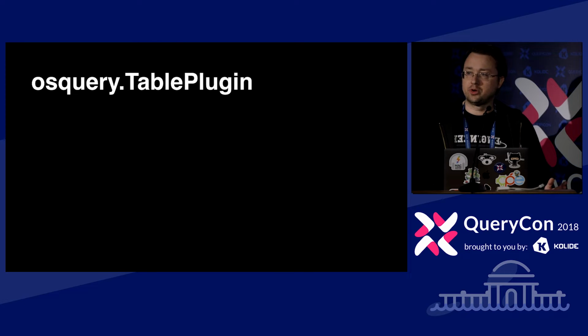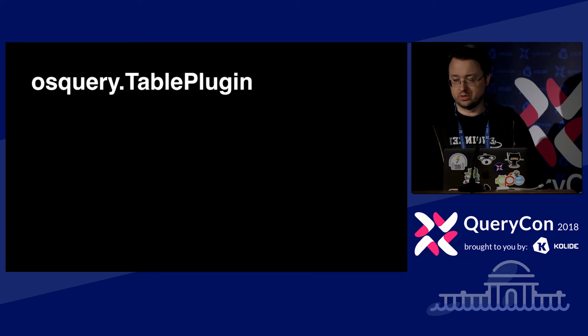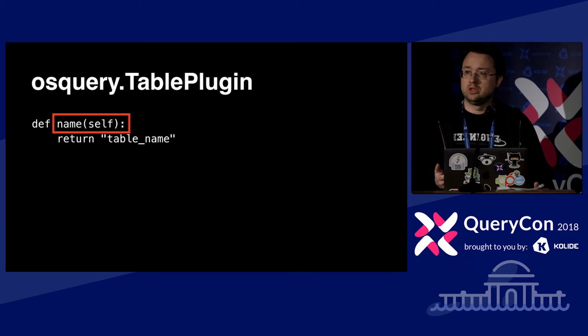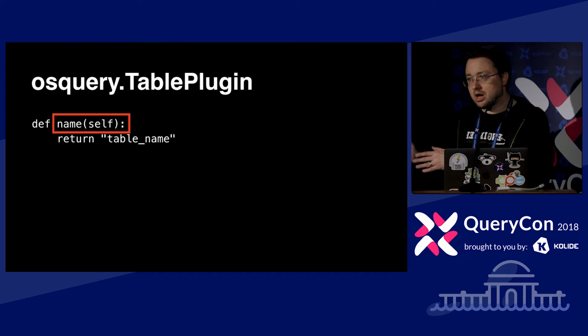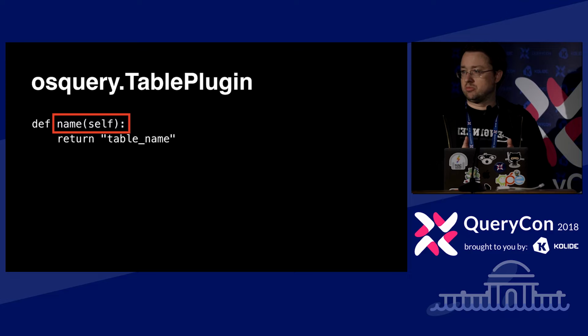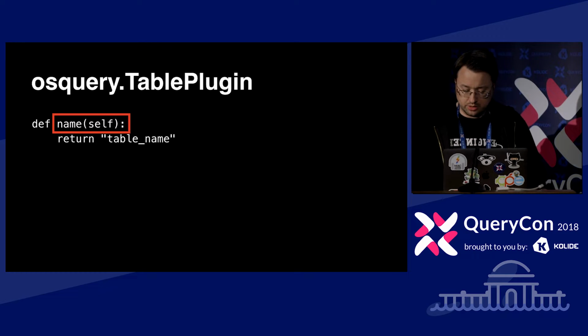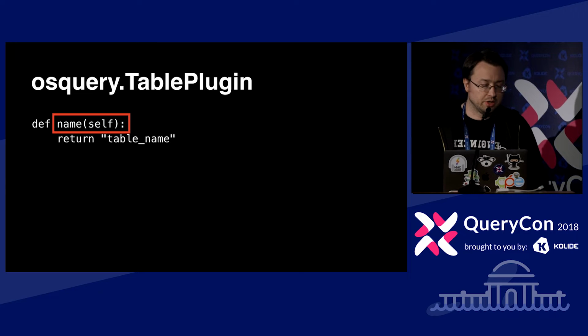In that class, there are basically three core methods you need to define. The first is the name method, which is what Osquery will call to get the name. When you do select star from blah, that's the name. You return that, and that's what the name of your table is going to be in Osquery when you load up your extension.